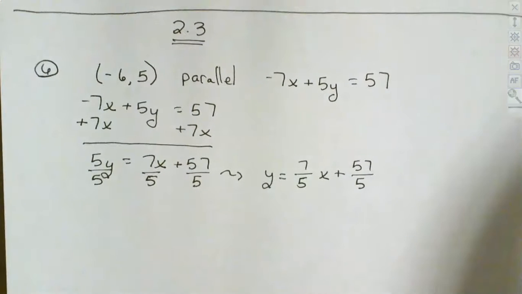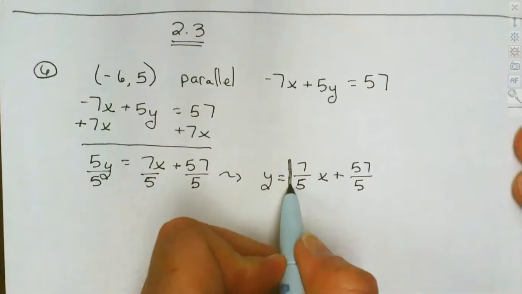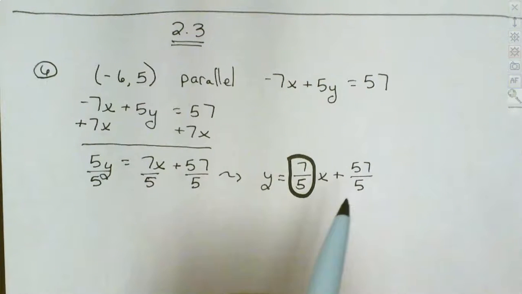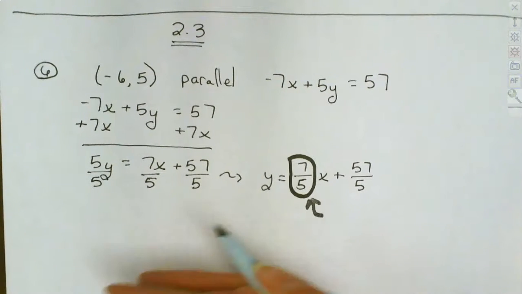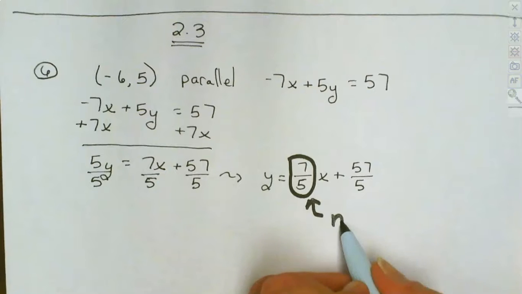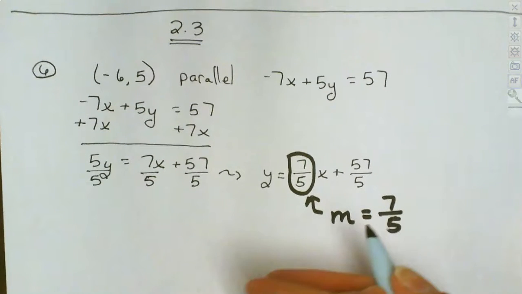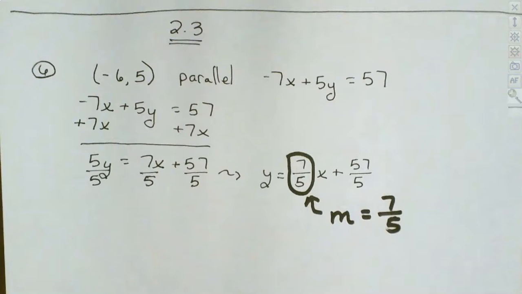Now, once we've solved it for y, we need to find the slope. And how do we find the slope once it's been solved for y? Well, once this equation has been solved for y, the number in front of my x is the slope. So in this case, my slope is going to be 7/5.